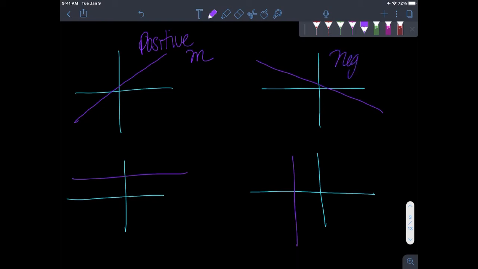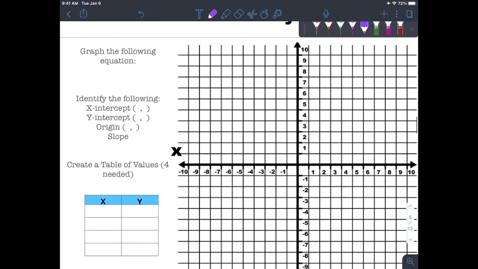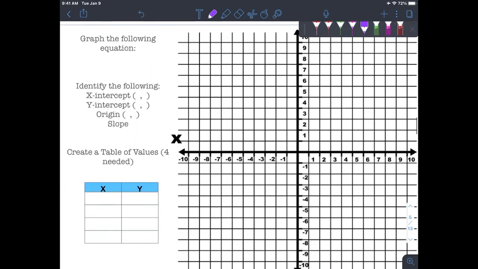This is a negative slope, which we've just seen one of each of those. This is called a 0 slope because it's m equals 0. And down here is an undefined slope because it goes straight up and down. Okay? All right. So let us take a moment to go through one more graph, and then I'm going to allow you guys to do your work.